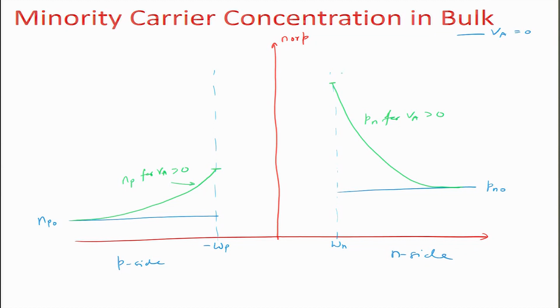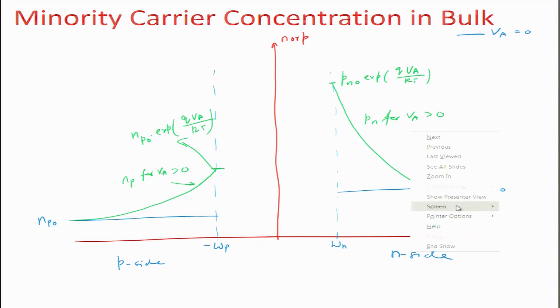So this would be equal to Pn naught exponential of Q Va by Kt, and this value will be given similarly by Np naught into exponential of Q Va by Kt. This is simple, straightforward mathematics, there is nothing too clumsy about it.